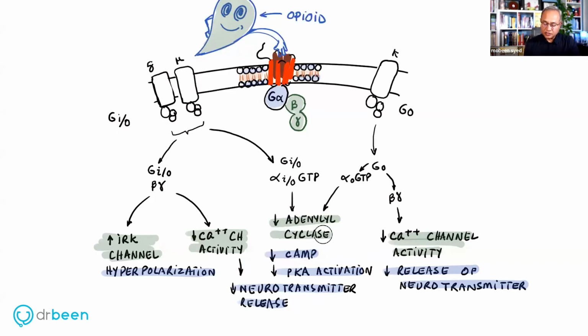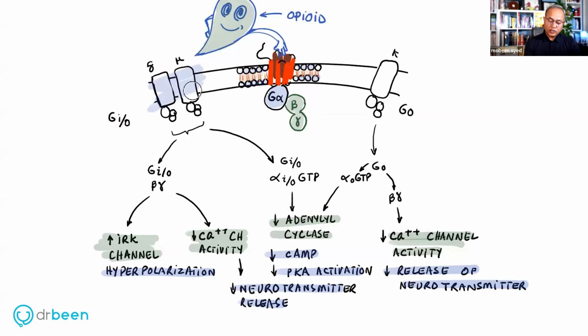I shouldn't say reduction, it just modulates it, but it reduces cyclic AMP and PKA activation. And that has many, many effects. That is why I've not written what is the end effect, because this branch has many internal functions. And as I said before, one important function to keep in mind: the chronicity of the opioid behavior is driven by this branch.